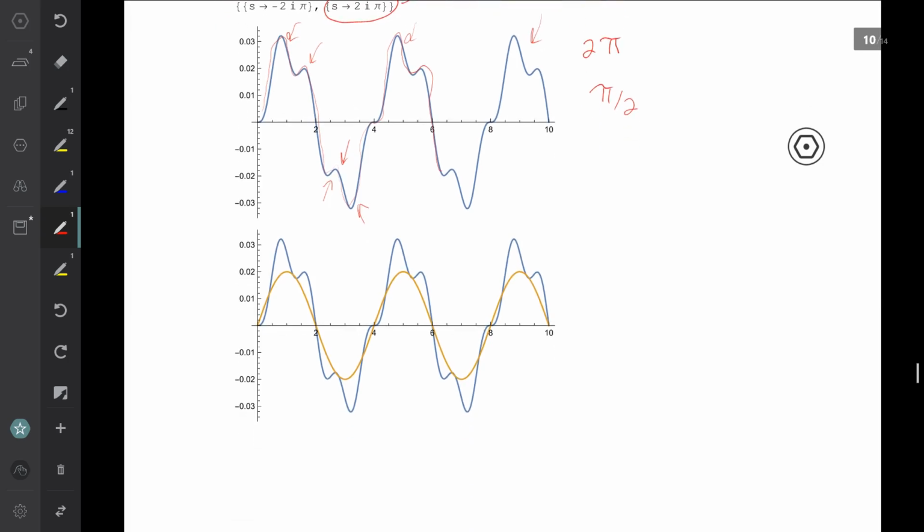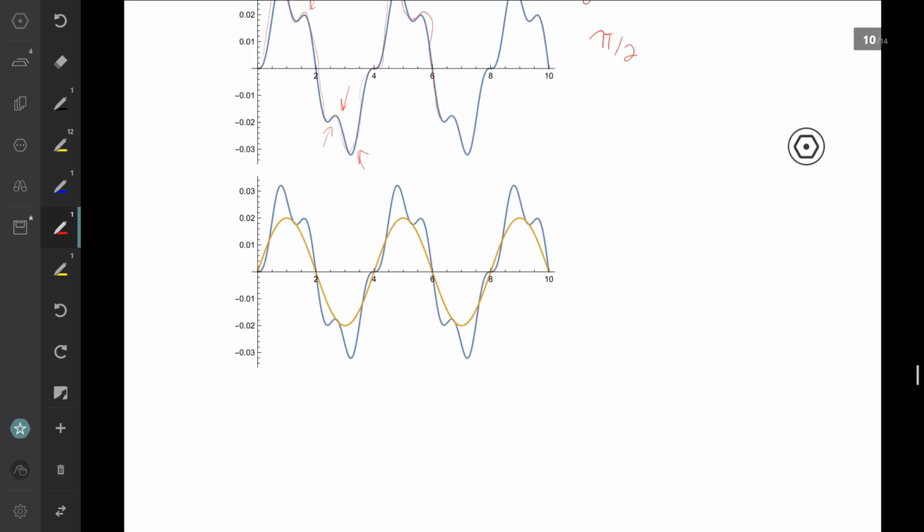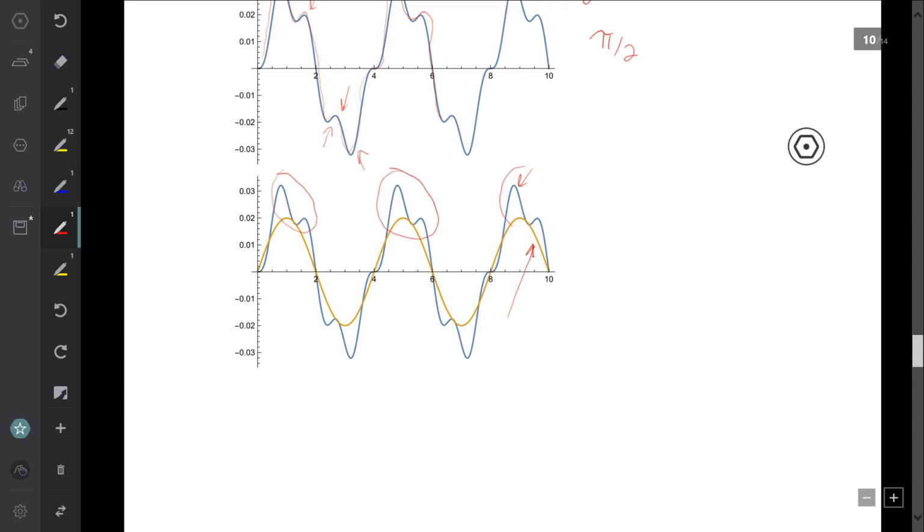So what I've done in this second graph is I've drawn the output along with the input. So here is the input shaking force. It's a sinusoidal force. And you can see that these big humps right here are occurring at the time that the force is occurring.